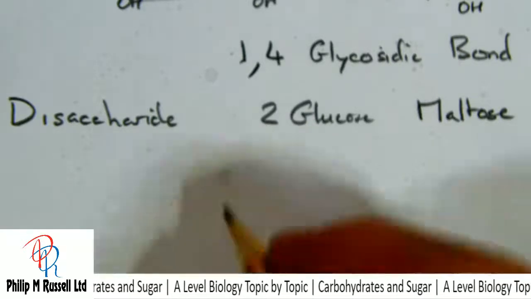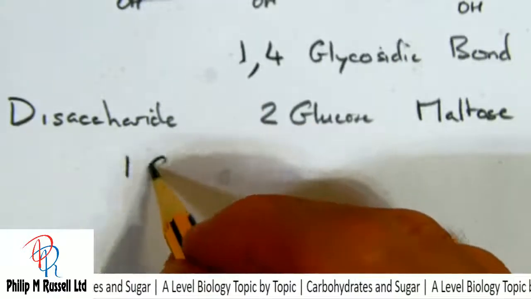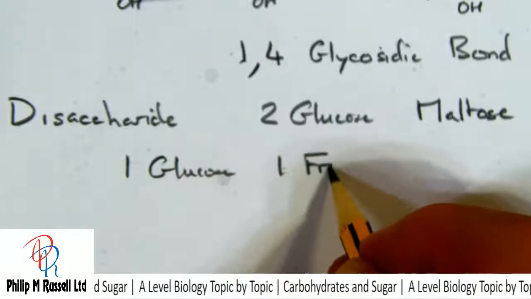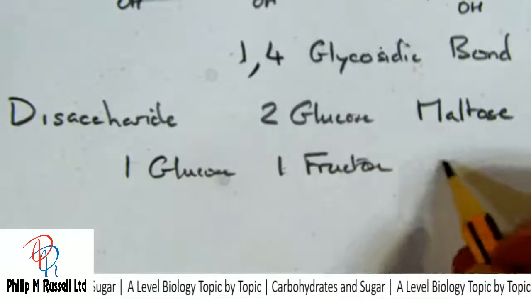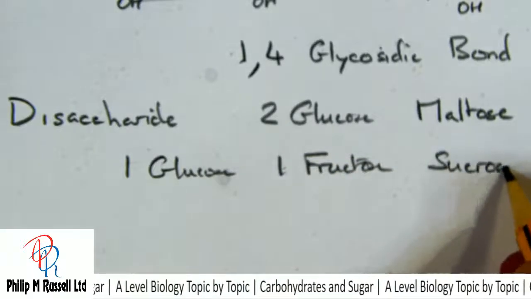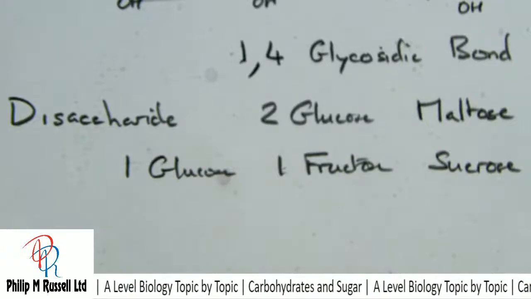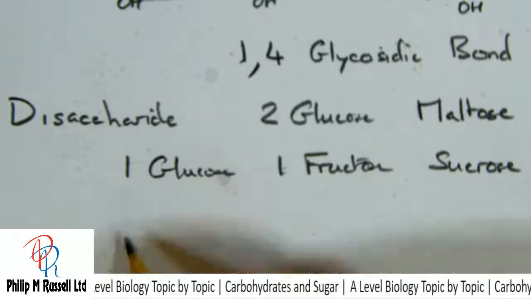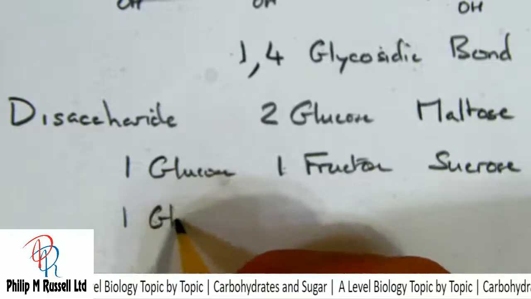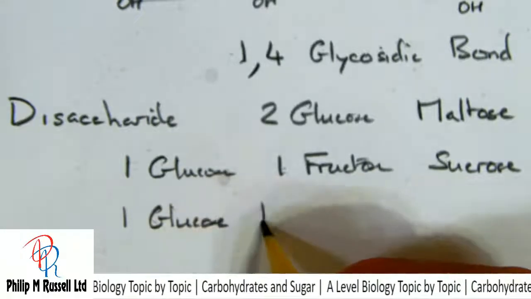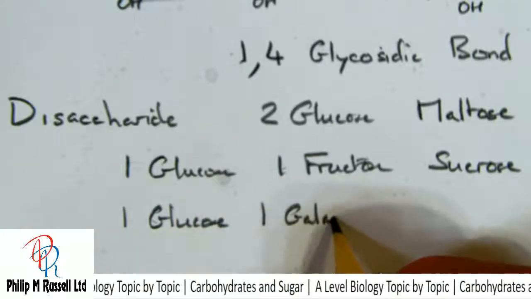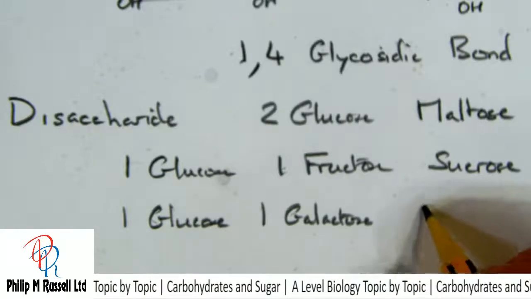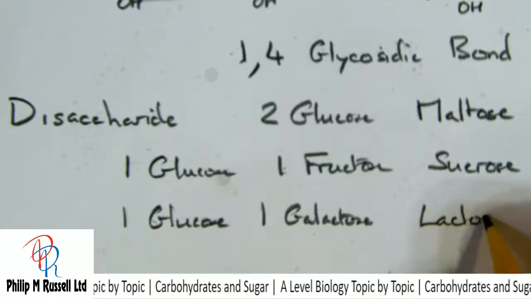The next one is where we have 1 glucose and 1 fructose joined together, and this is sucrose, which everyone knows as common sugar. We can also take 1 glucose, but this time join it with 1 galactose, and this makes another sugar which is called lactose.